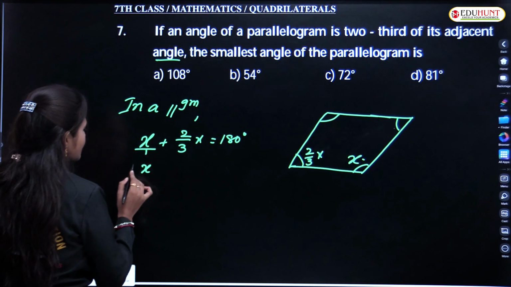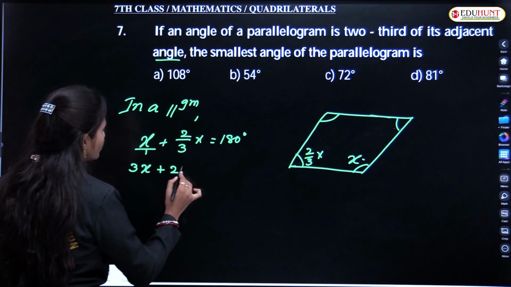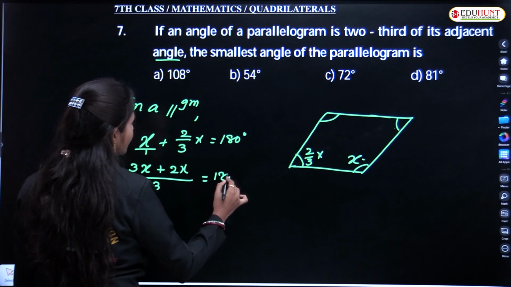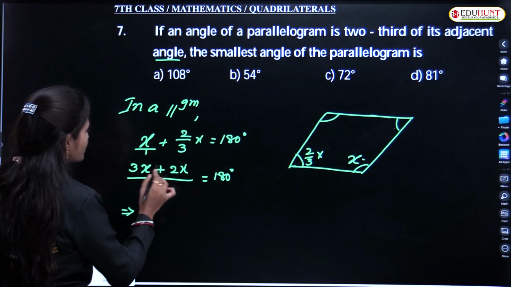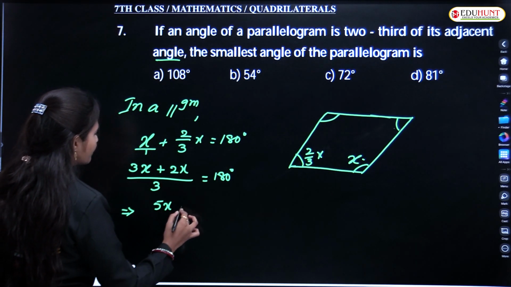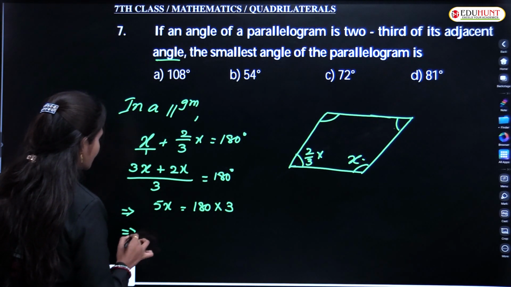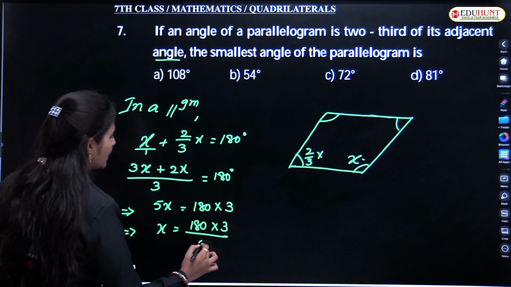So 3 into x is 3x, plus 2 into x is 2x, whole by 3, which is equal to 180 degrees. From this, 3x plus 2x is 5x, which is equal to 180 into 3. No need to simplify that. So x is equal to 180 into 3 whole by 5.